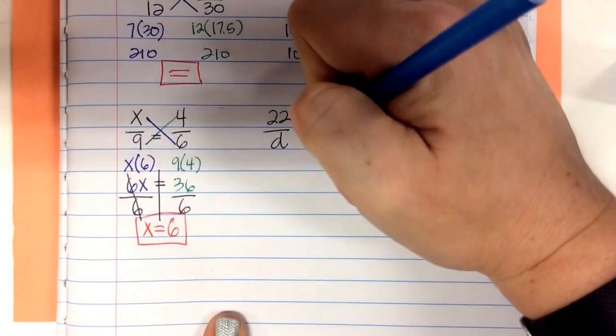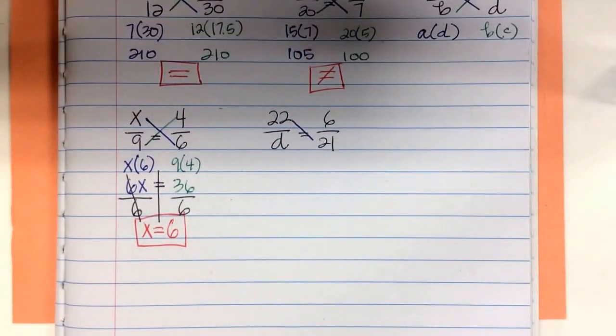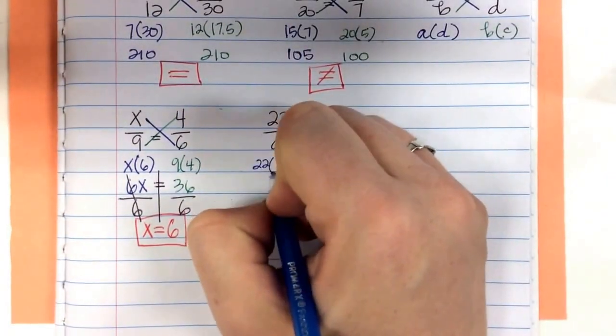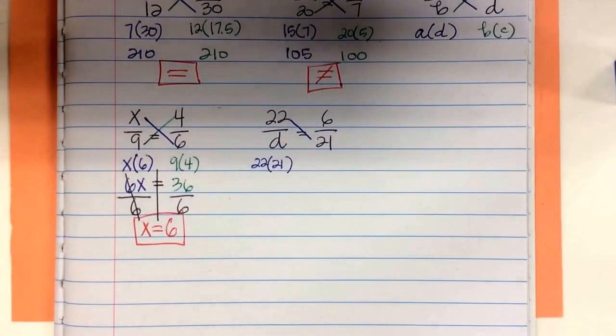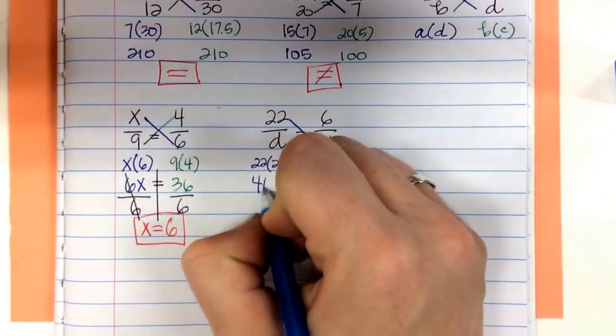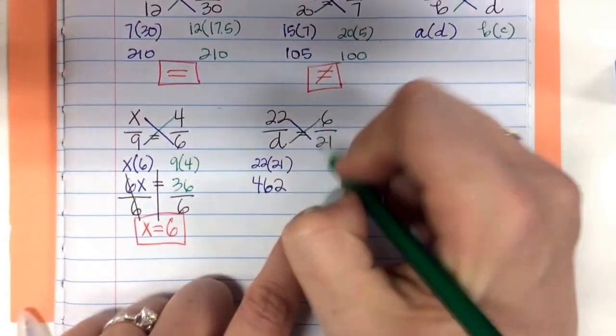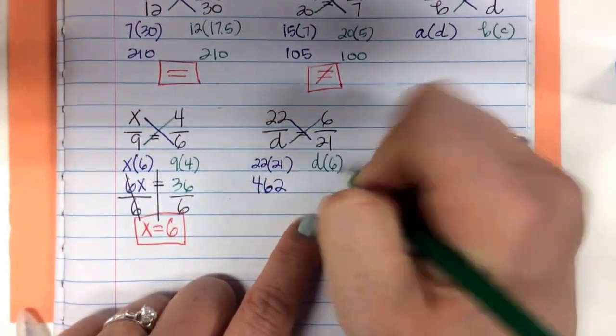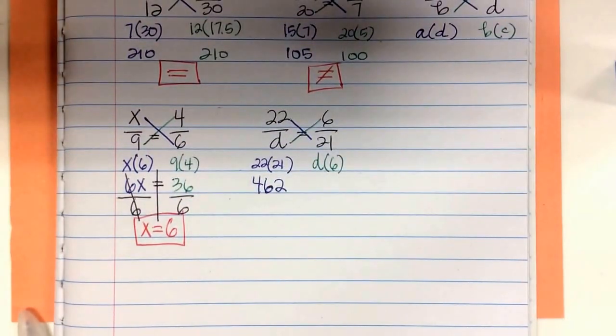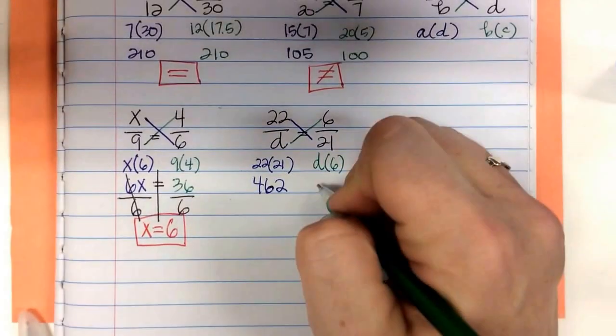Could I do 22 times 21? 22 times 21 is 462. D times 6. What is D times 6? 6D.